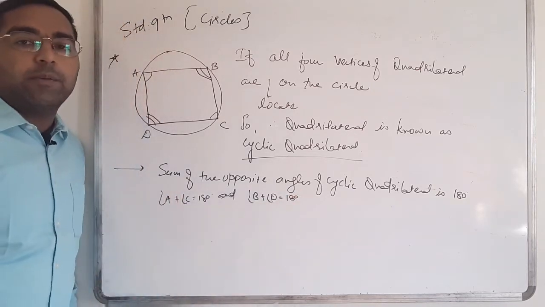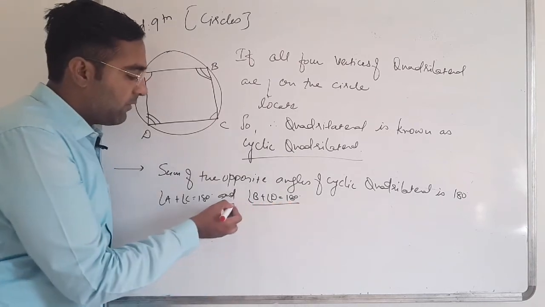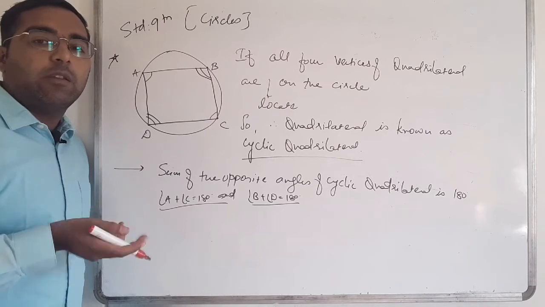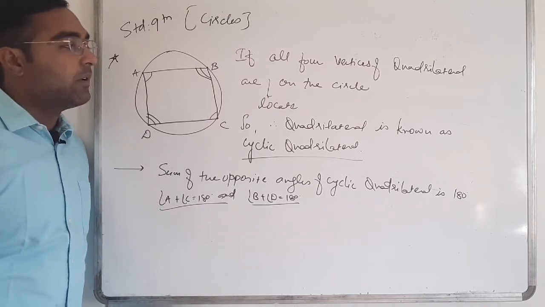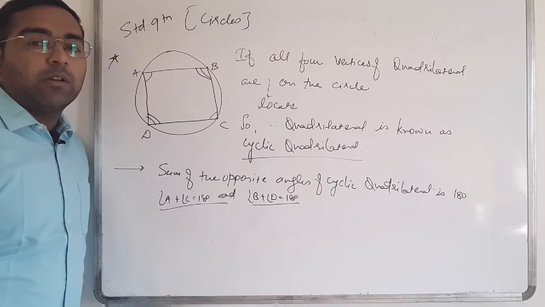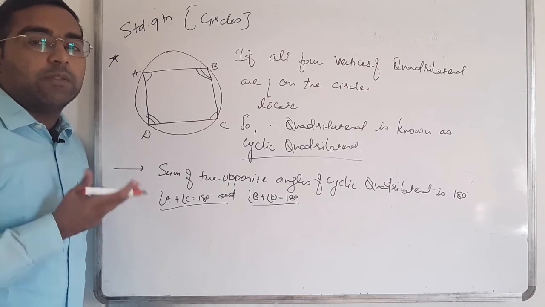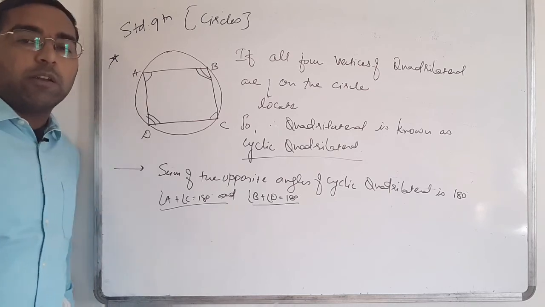Clear that? If opposite angles form 180 degrees, then we can also say that it is a cyclic quadrilateral. These things also work vice versa. If it is a cyclic quadrilateral, then opposite angles sum to 180 degrees.